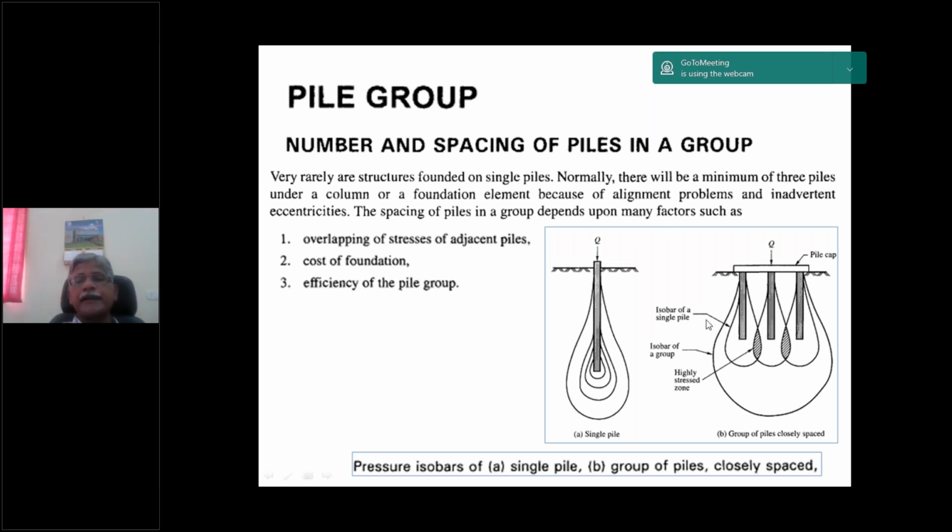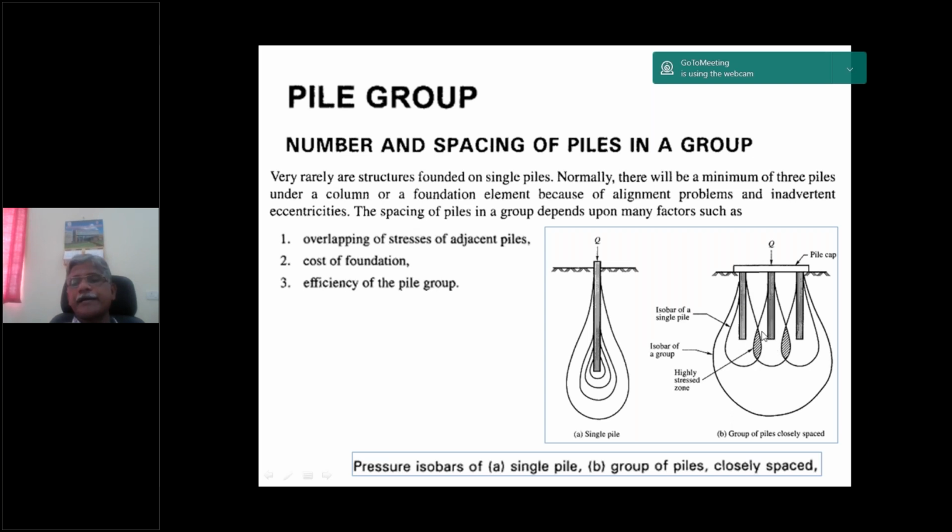So pile groups are required mostly when a huge load is required to be transferred onto the stronger strata. In the case of a single pile, once the load is applied, the stress mobilization contours are like this. And in the case of a group of piles, the stress mobilization contours are like this.